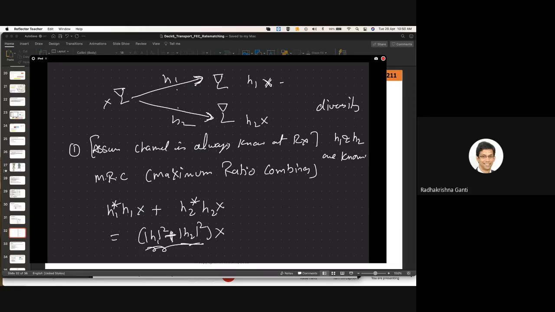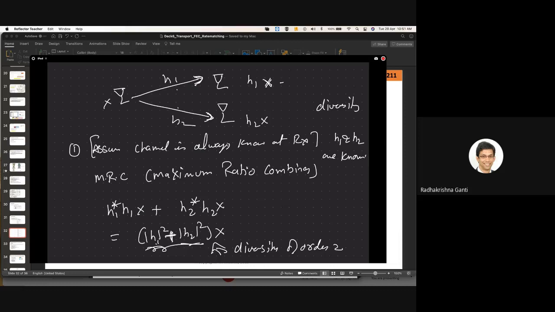This is called diversity of order 2. Diversity of order 2 means you have two parallel independent paths in which the same data is coming, on both H1 and H2, but they're independent from a channel perspective.